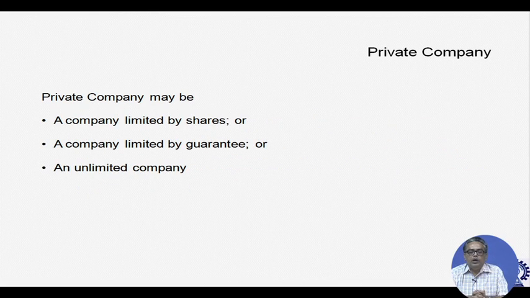Now, as I have discussed with you in case of a one person company, similarly a private limited company can be of 3 types. That means, it can be limited by shares, it can be limited by guarantee, and it can be unlimited. Now, when we are talking about shares, the liability of the member is limited up to their contribution in the share capital of the company.